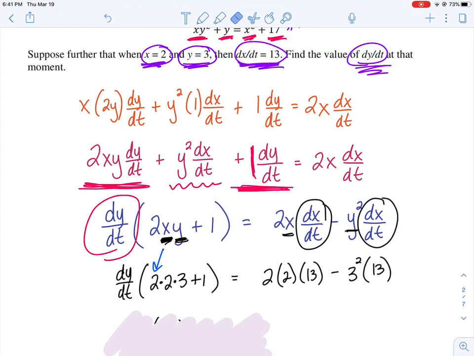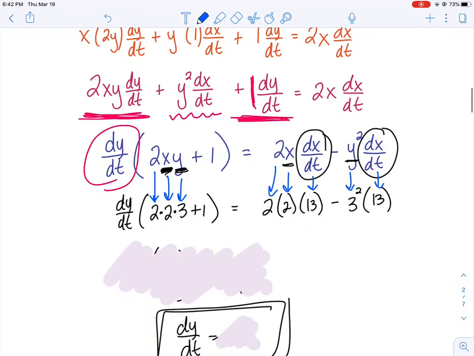Oh wait, this 2, the first 2 came from the 2 that was already there. This 2 came from when x equals 2. It says that y equals 3, so that's where I got those values from. Here's a 2, x is 2, dx/dt, remember, is 13. Y is 3, and dx/dt again is 13. So then I just used my math.